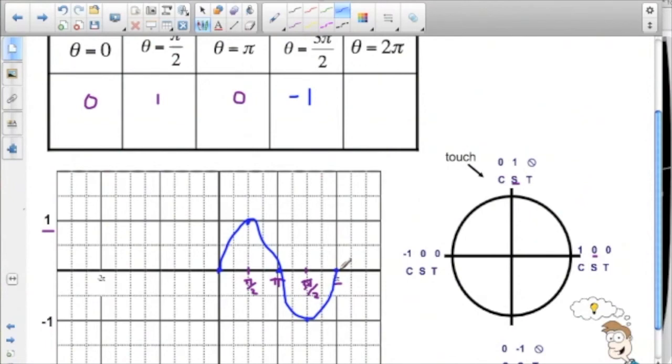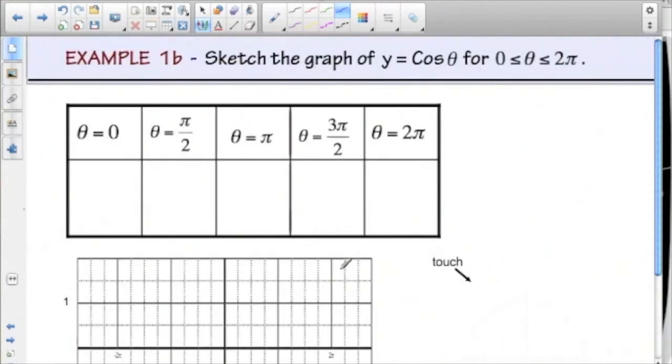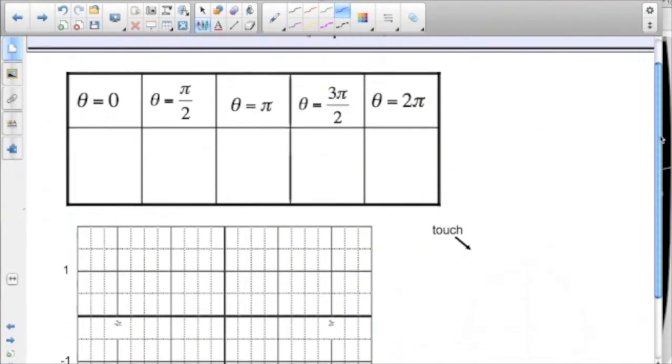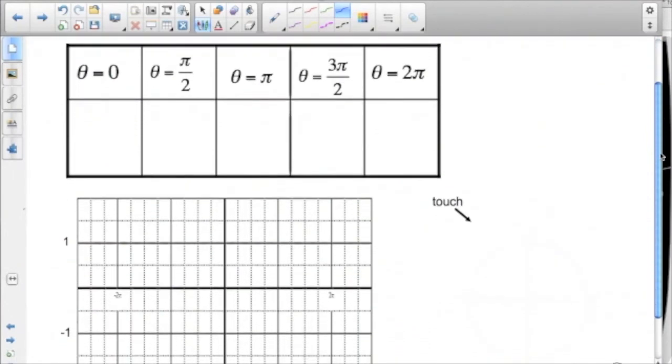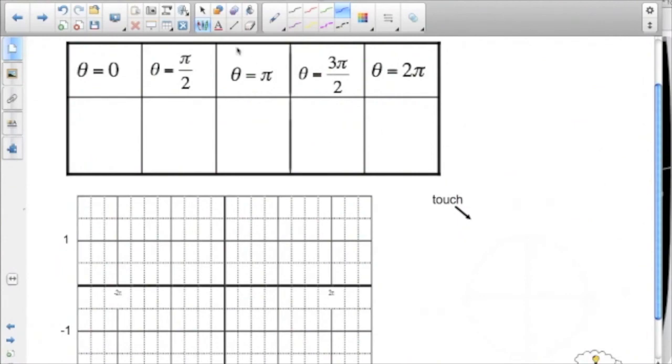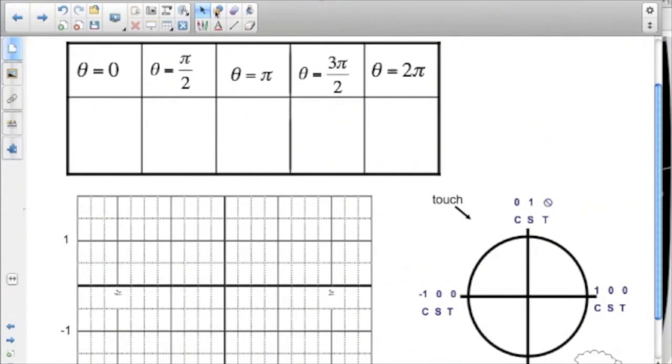Okay? And you'll notice the same thing when you do a cos wave, but the values are going to be slightly different. So let's not worry about sketching, let's just put in the values. Okay, so we're at 0, and cos right here is 1, so now we're starting at the top here. And then pi over 2, if we go here, is 0.